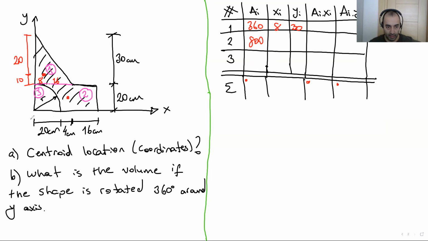Xi is totally 40, which is 20, and yi is totally 20, so this part is 10.